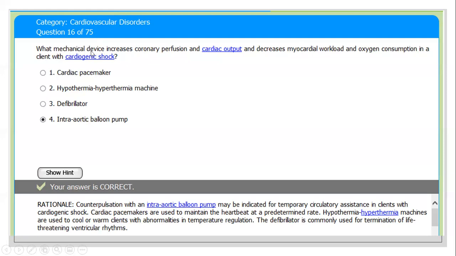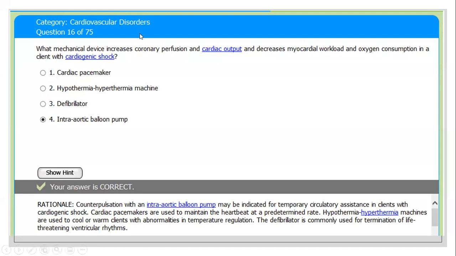So which mechanical device increases it? Here we are sitting to learn something new, what we do not know. It is not necessary that every student must know every piece of information or every answer, right?